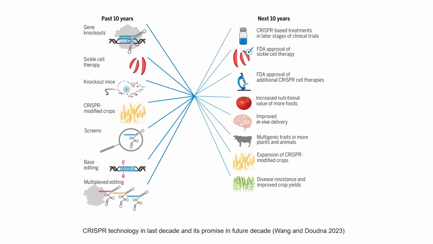The muscle protein is increased by CRISPR-Cas genome editing. Disease screening, base editing, prime editing, and multiplex editing are being developed. Even our neighboring country, India, developed 2 rice varieties using CRISPR-Cas genome editing.